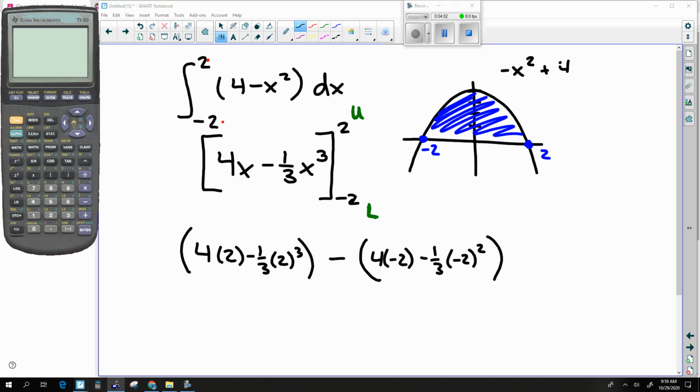In this particular case, that's 8 minus 4/3, which is 20/3, minus negative 8 minus, again, 4/3, negative 28/3.